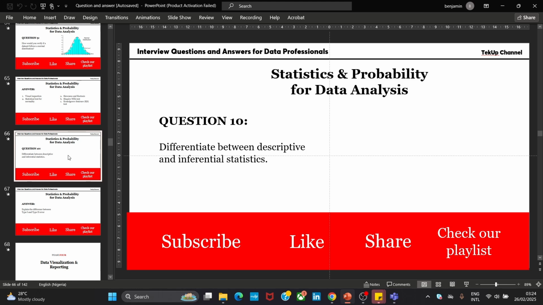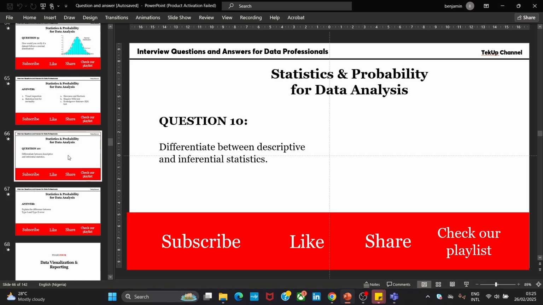Descriptive statistics provides a clear picture of what has happened in the data set without making predictions. Common measures of descriptive statistics include the measure of central tendency, which we have our mean, mode, and median. We also have our measure of dispersion, where we have our variance and our standard deviation.